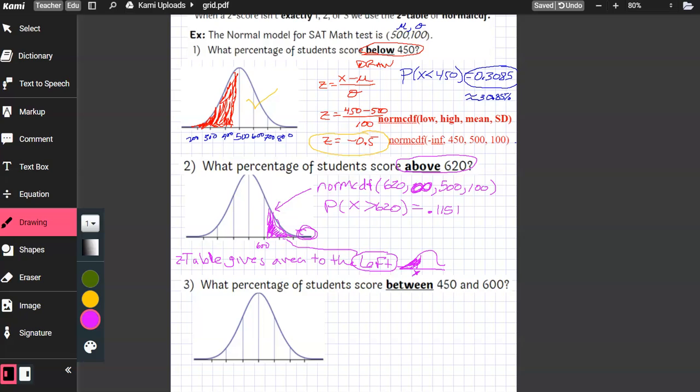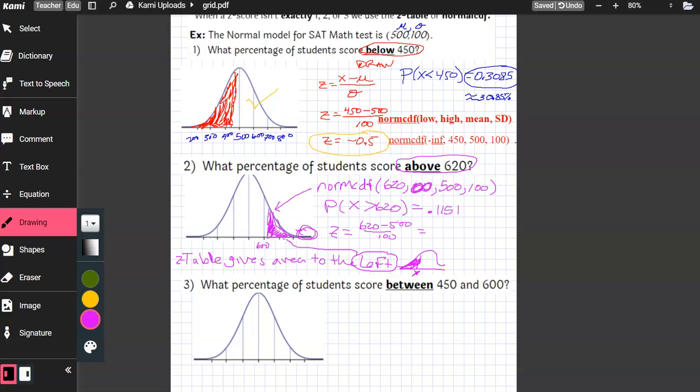You could get this same value by following the z-score. So if you do the z-score, z is 620 minus the mean of 500 divided by 100.